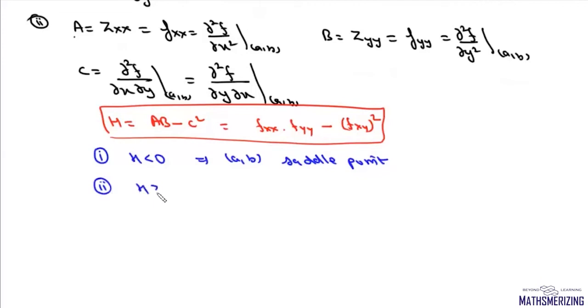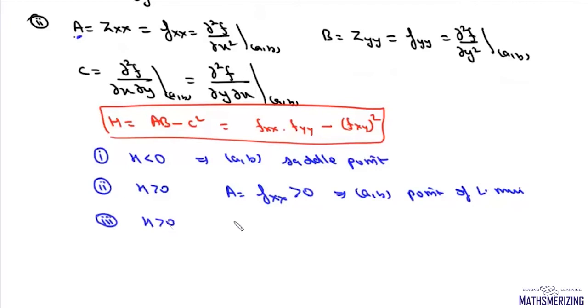Now if H is greater than 0, then we look at the sign of A, which is fxx. If it is positive, then this point (a, b) is a point of local minima.